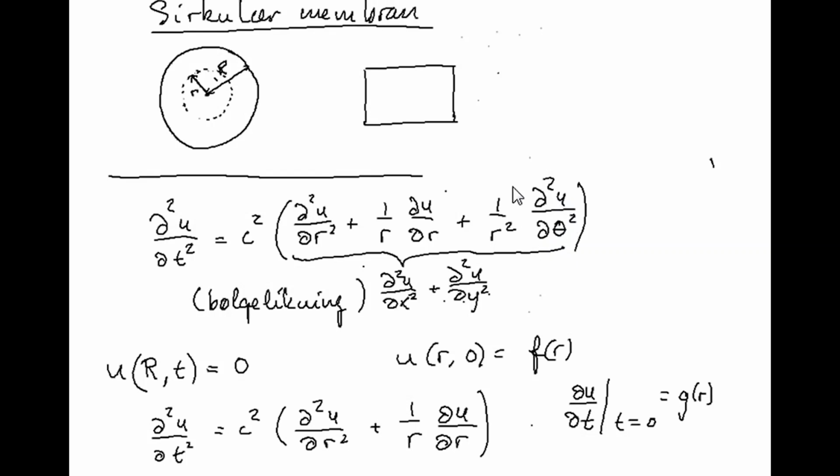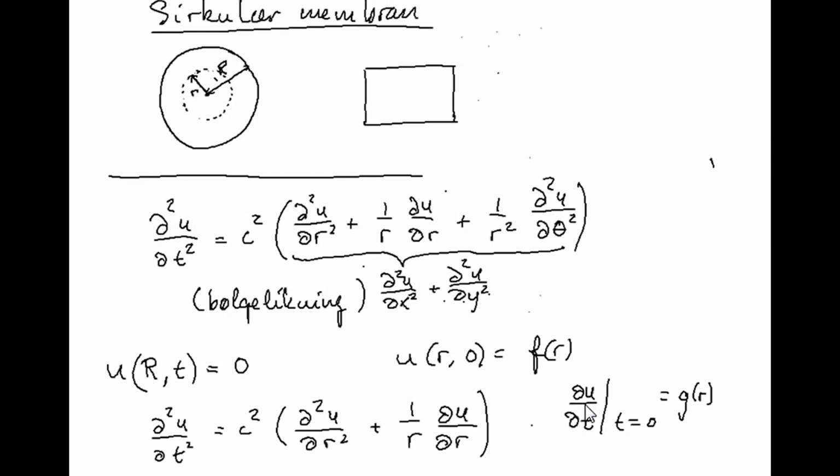So therefore this term will vanish. So we get a more simple wave equation to treat. So our problem is to find this displacement u of r, t, where t is the time.